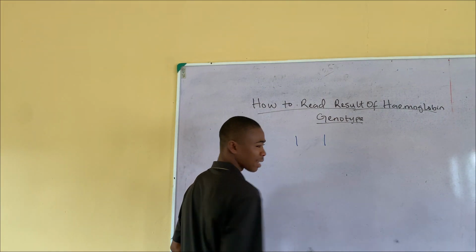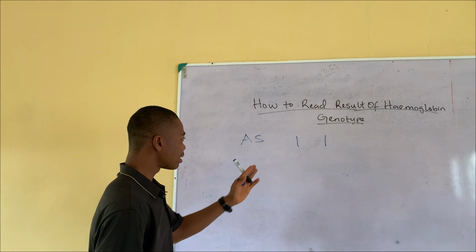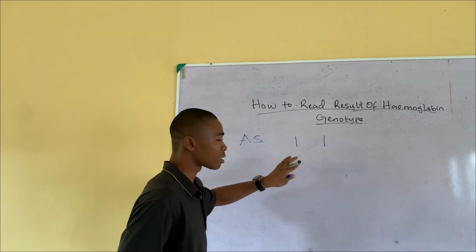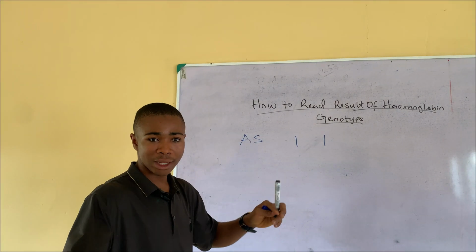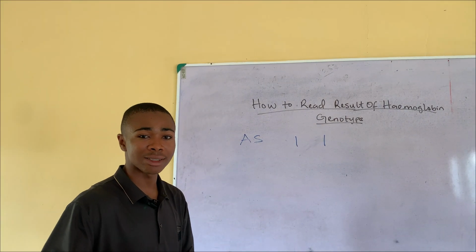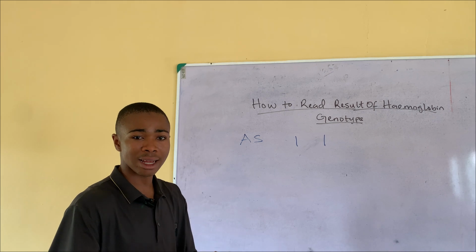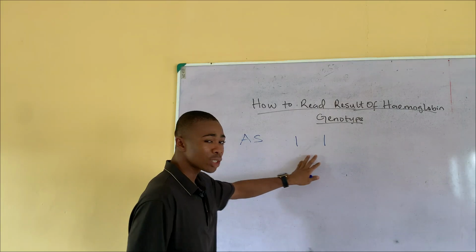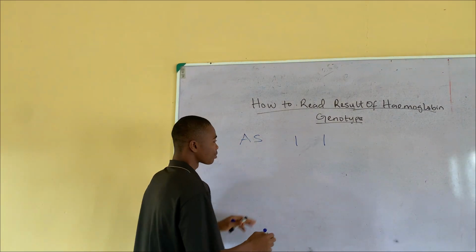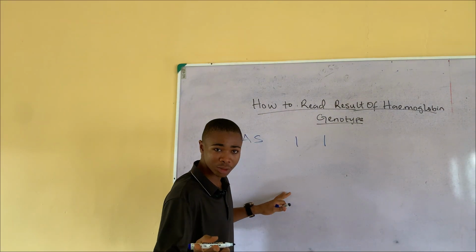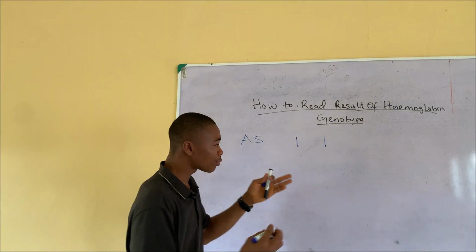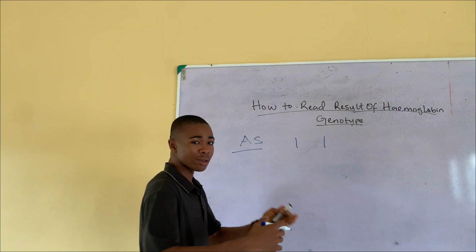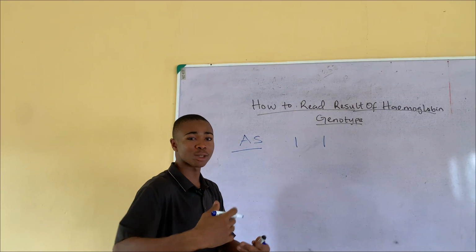Two bands like this. One thing that will interest you to know about these two bands is how they migrate. Firstly, I said it migrates toward the electric charge based on the size and shape of the molecule. So in the migration process, it will first migrate into two bands, and you need to know which of them migrates faster and which migrates slower.